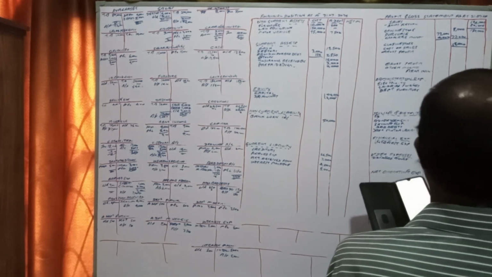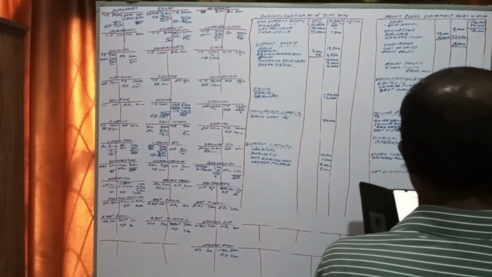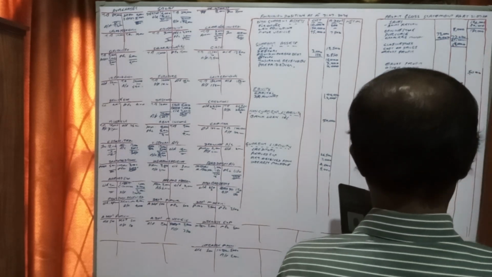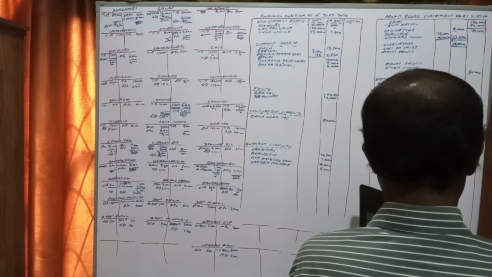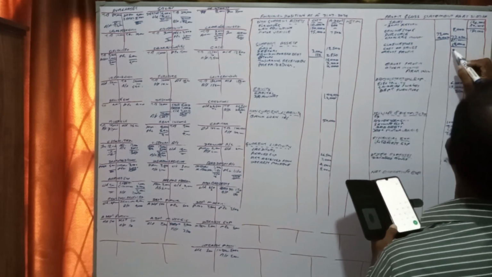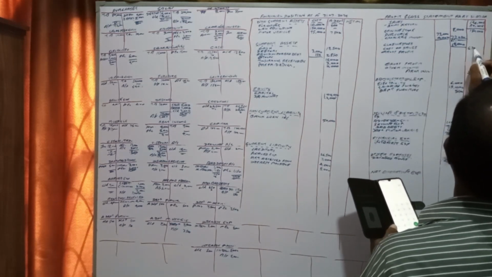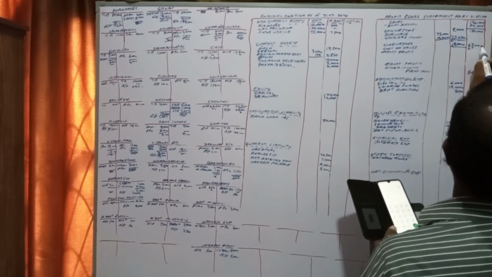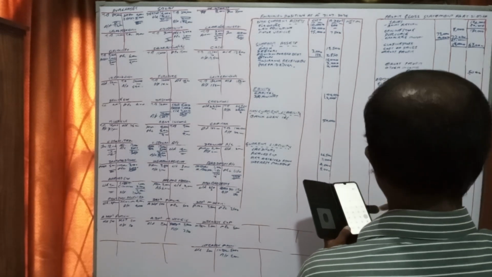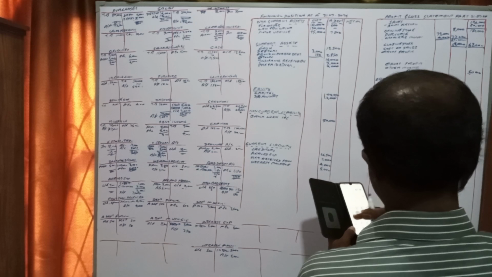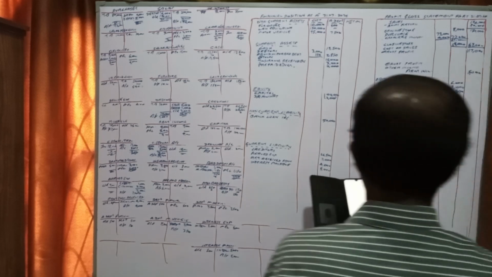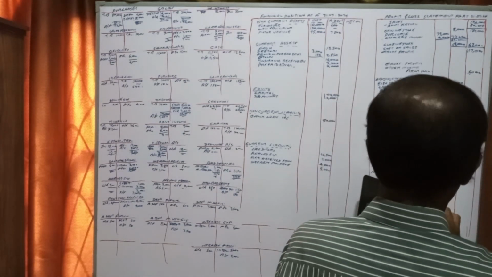Here we will say 77 plus 8, 85,000. From 85,000 we are deducting 18,000. Then 67,000. Cost of sales is 67,000. Right? Then gross profit is 117,000. Right? Gross profit is 117,000.